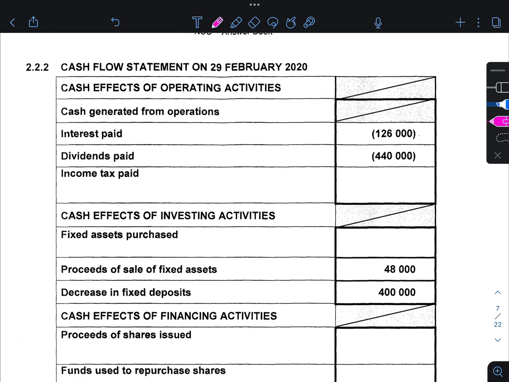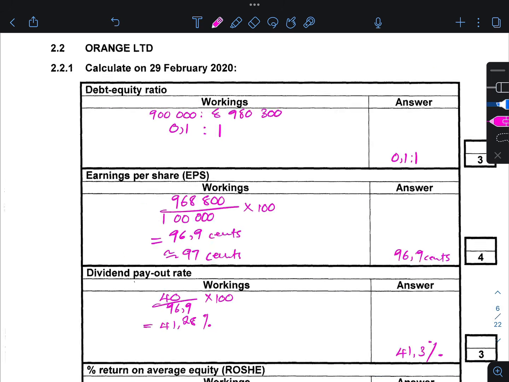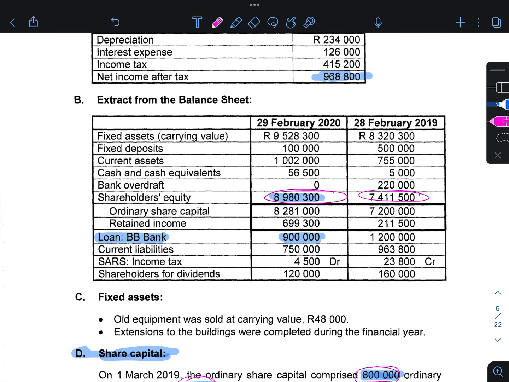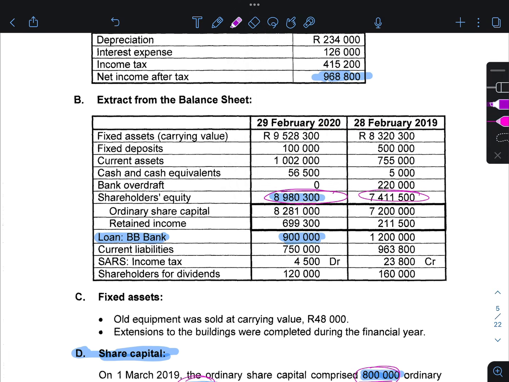Right, so the first thing that we're supposed to calculate here is your income tax paid. When you move to the information here, we are given information that SARS income tax was at 23,800 when we're opening our books. And what's important is that it was on the credit side. Now, when we were closing our books, we had a balance of 4,500 on the debit side.